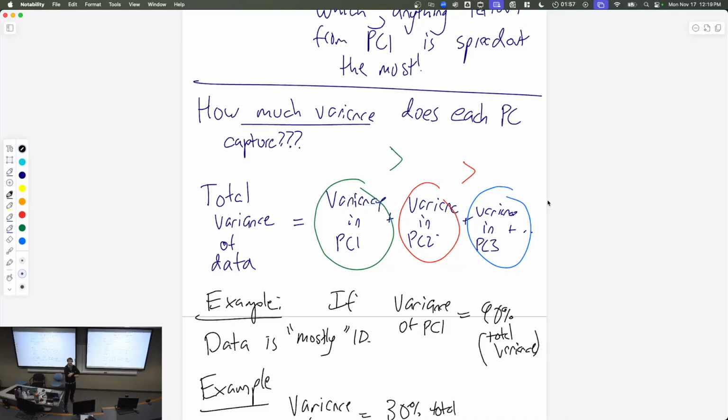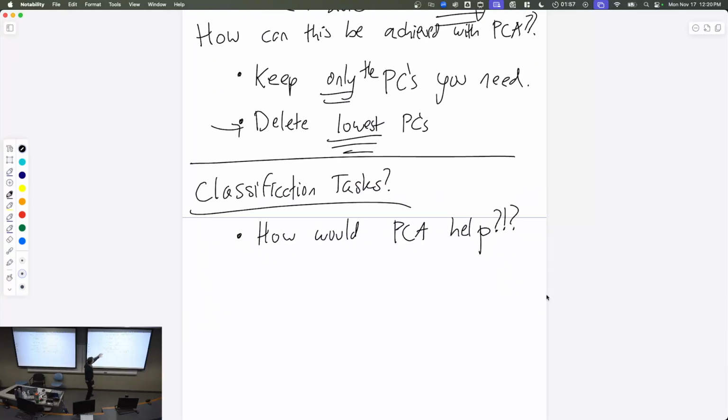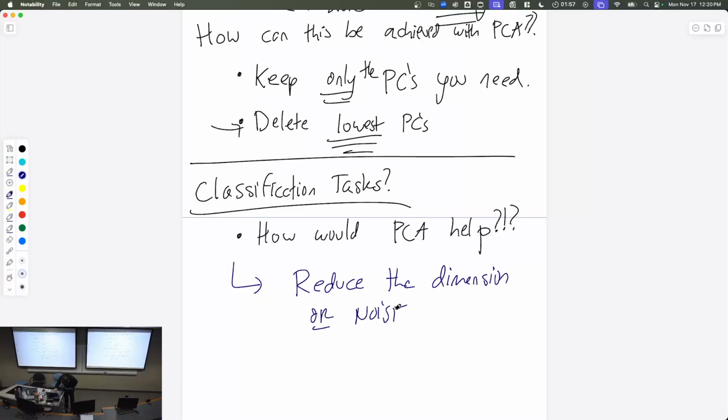Sometimes when you have more things, you think more is more helpful, but actually more can be harder. More dimensions can make the classification task harder, and in particular, if there are lots of dimensions that are actually useless, that's adding a lot of noise to the data. We've seen this in a number of different ways. And so how does PCA help? It reduces the amount of noise, it reduces the dimension, or noise, however you want to think about it.